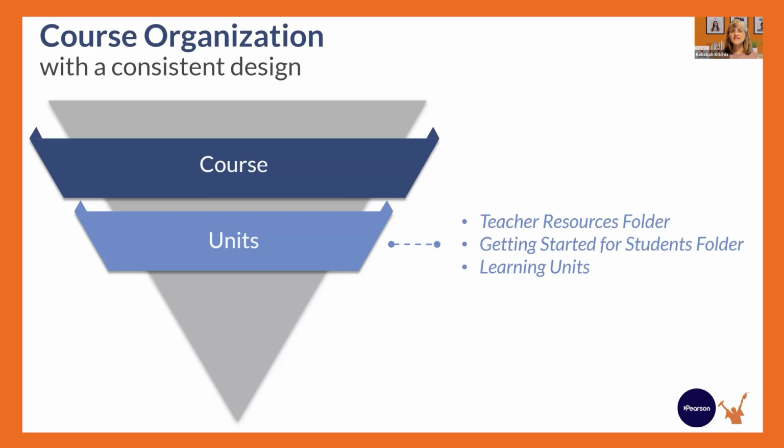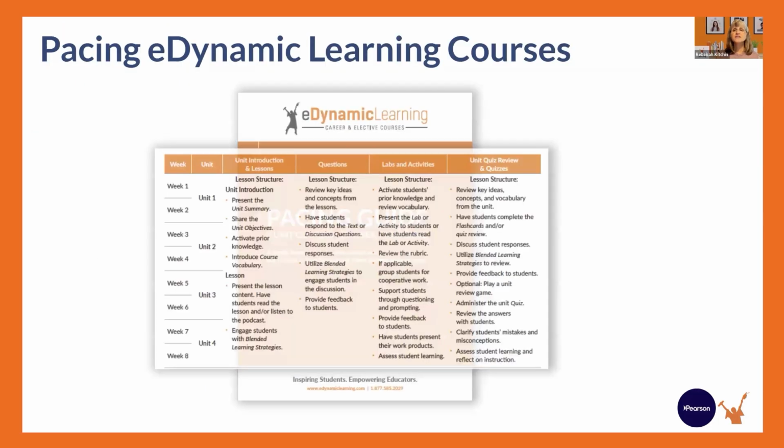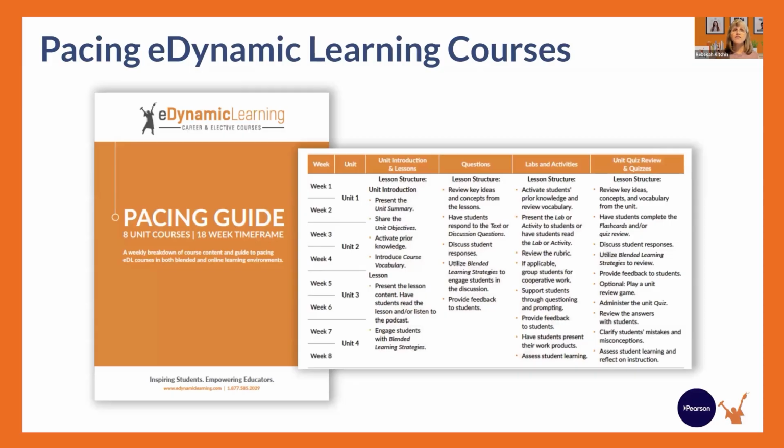One of the first things that's in that teacher resources folder is the pacing guide. This pacing guide tells you more than just how many weeks it's going to take to complete a unit. For this particular guide, this is an 8-unit course.